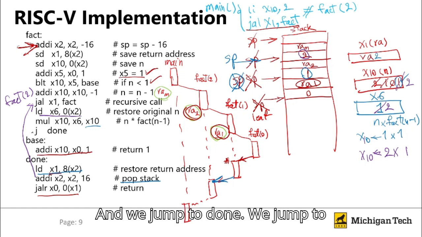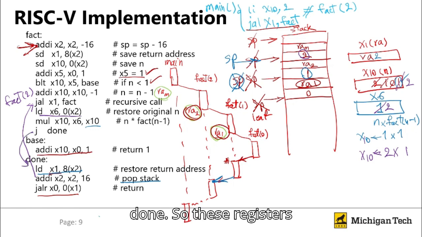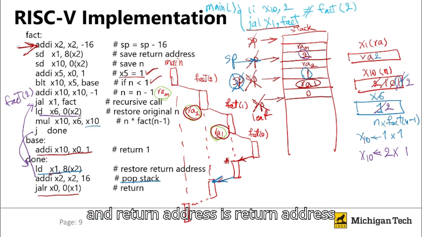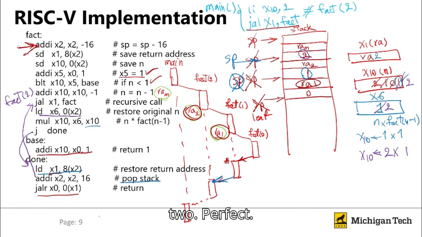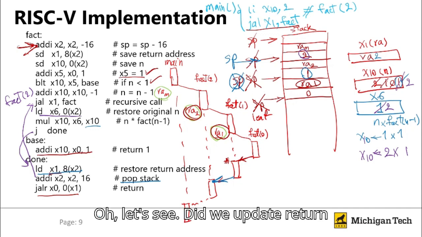And we jump down. So these registers have these values. x6 has 2, x10 has 2, and the return address is return address 2. Perfect. Let's see.